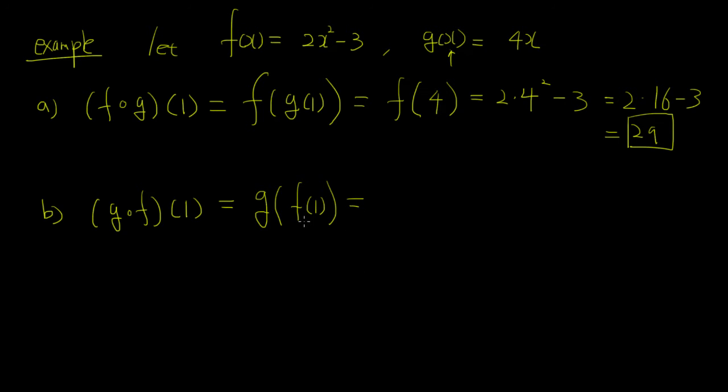Alright, f of 1 is what? Replacing this x by 1. So g of, if I replace this x by 1, this would be 2 minus 3, so it would be minus 1. Right? So g of minus 1 is what? Replacing this x by minus 1, so it would be 4 times negative 1, which is negative 4.